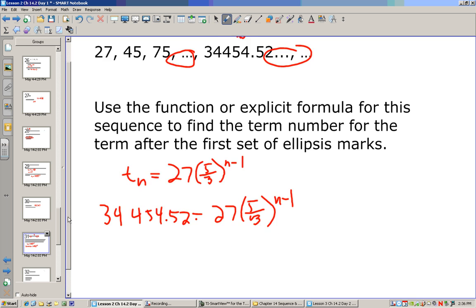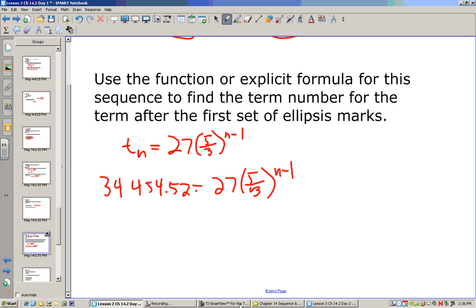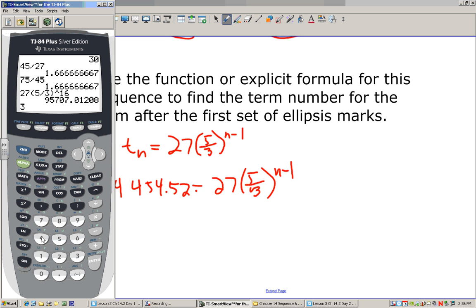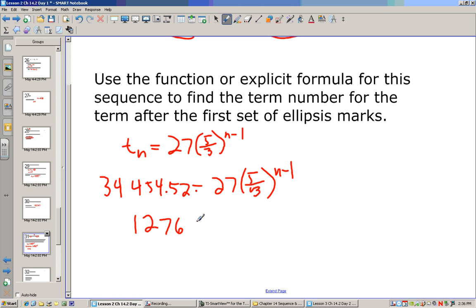First thing I would do is divide by 27 on both sides. So 34,454.52 divided by 27, 1276, is equal to 5/3 to the n minus 1.